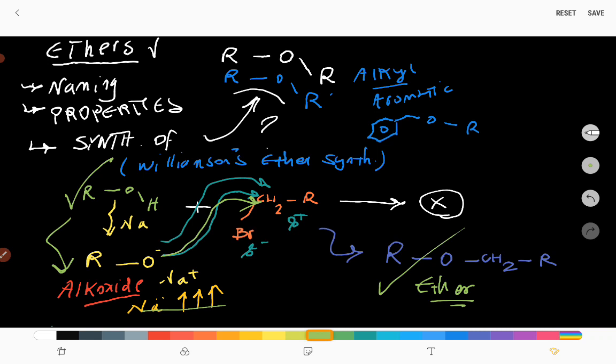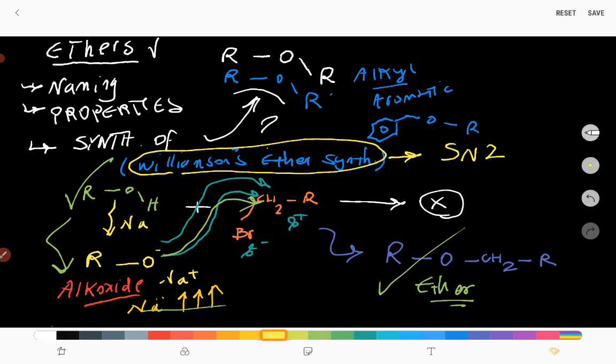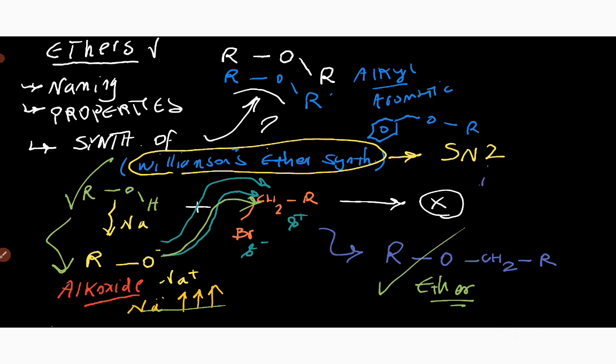Another thing about the Williamson ether synthesis is the type of reaction: it is a kind of SN2 reaction. So for example, if you have a chiral carbon, you can have inversion of configuration.